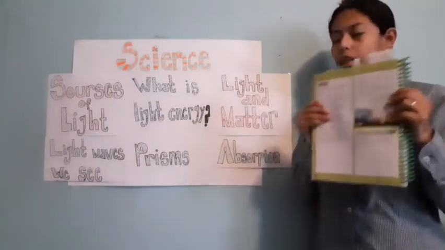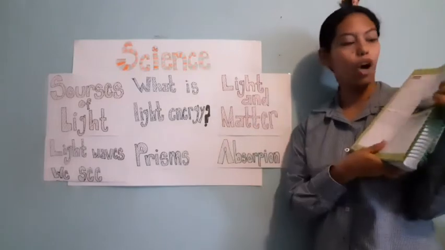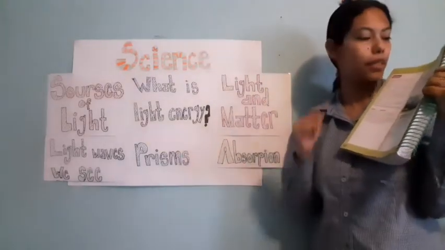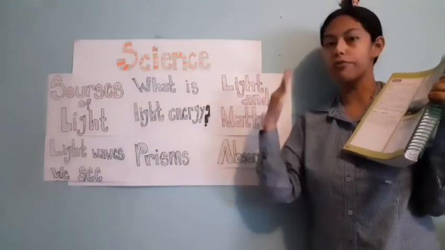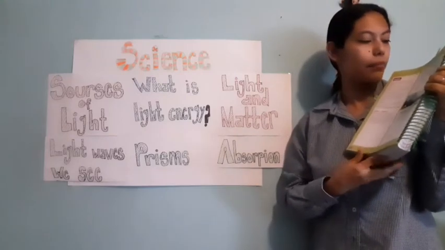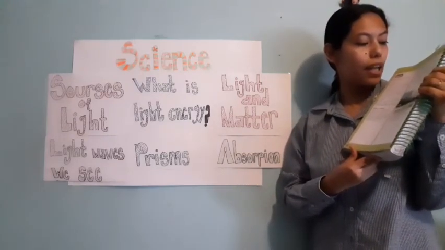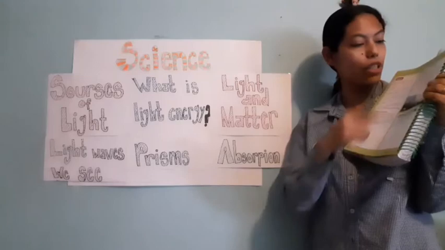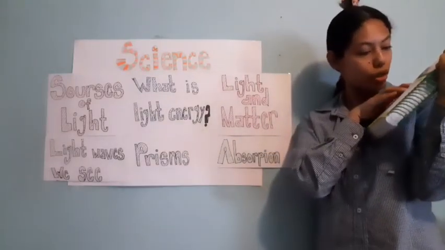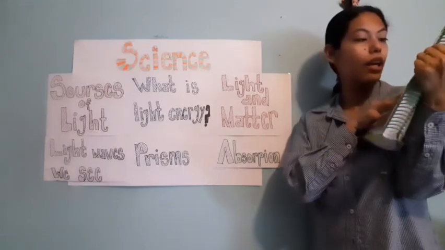If the light hits an object, it can pass through the object, it can be reflected, or the light can be absorbed. Let's see what happened in this. Answer question number 6 using this information that you have on page 250.